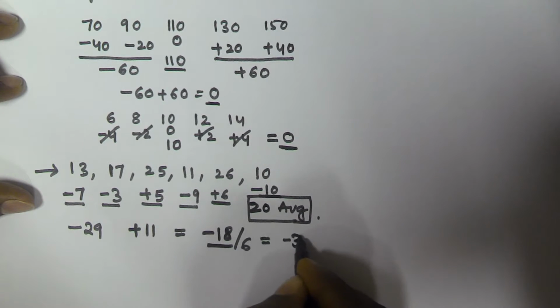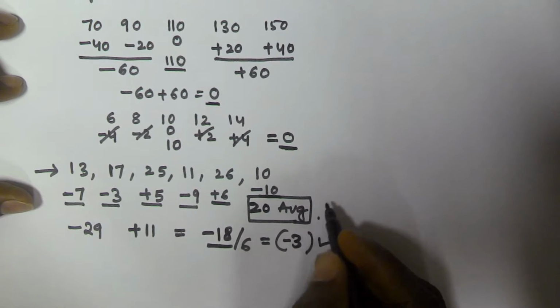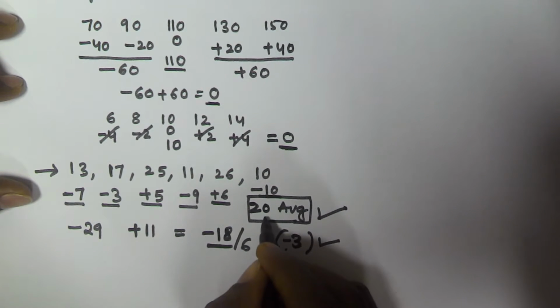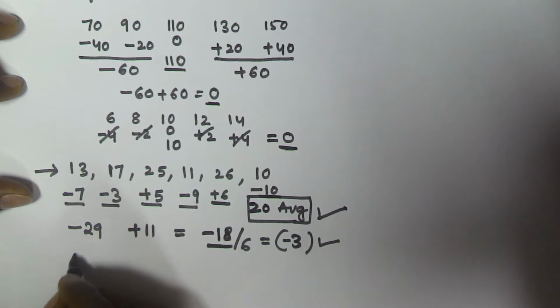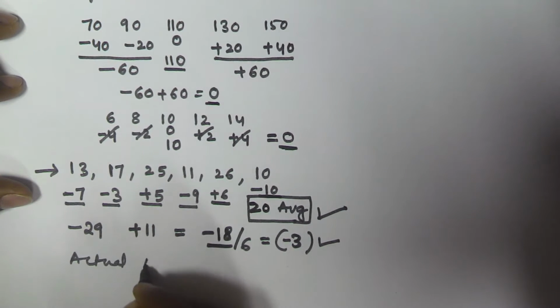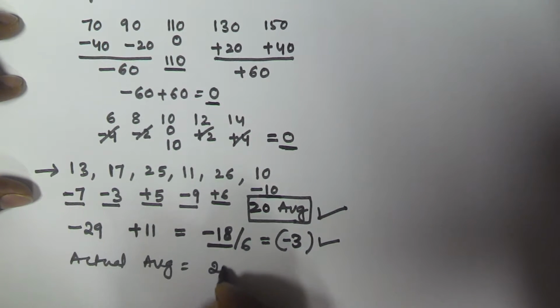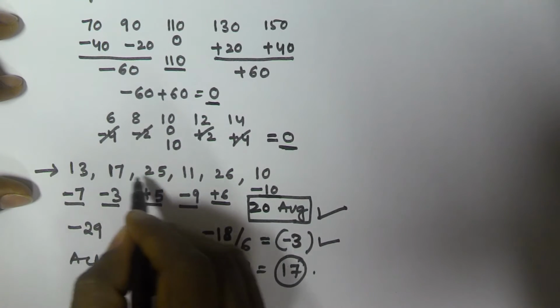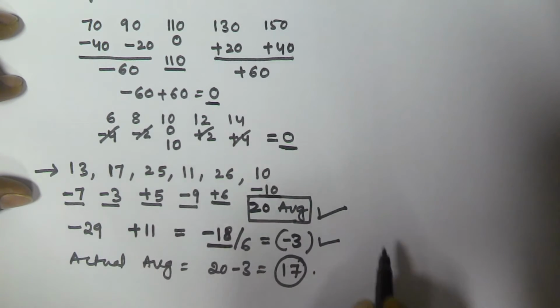This is the actual deviation from the taken average, so we have to subtract this 3 from 20. So the actual average is equal to 20 minus 3, which is 17. So 17 is the actual average of 13, 17, 25, 11, 26 and 10.